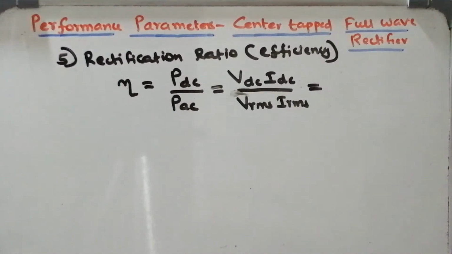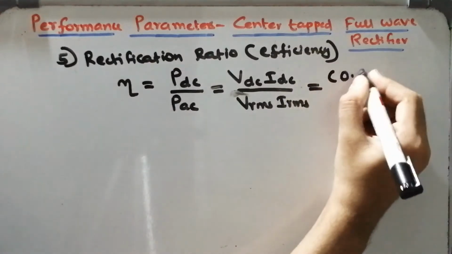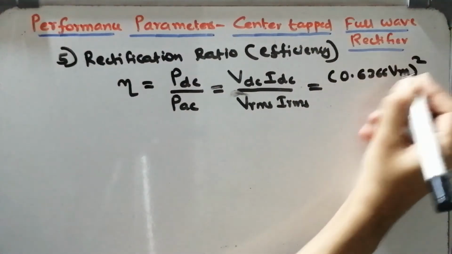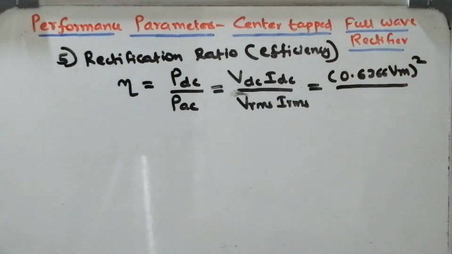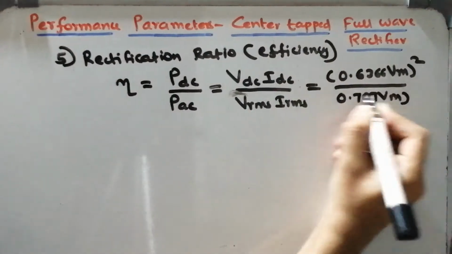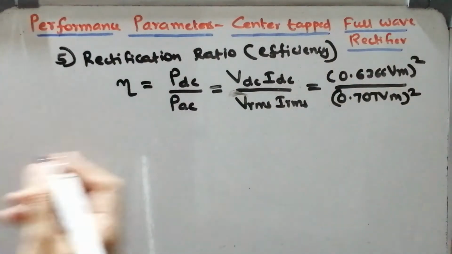You have to substitute over there. If you substitute, I will get (0.6366 Vm) the whole square divided by (0.707 Vm) the whole square.